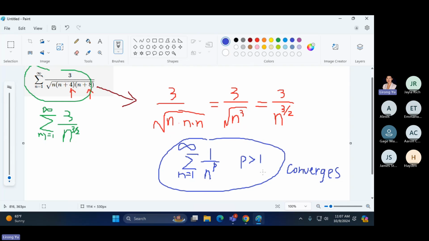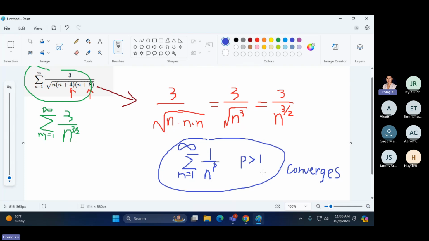But as long as p, which is the initial letter for the word power, is bigger than 1, it always converges. It can be 1.01, it will still converge. But if it's 1, that will be 1 over n, and 1 over n summed all together is actually divergent. So 1 is the borderline: equal to 1 is divergent, but anything higher than 1 in that power p will converge.